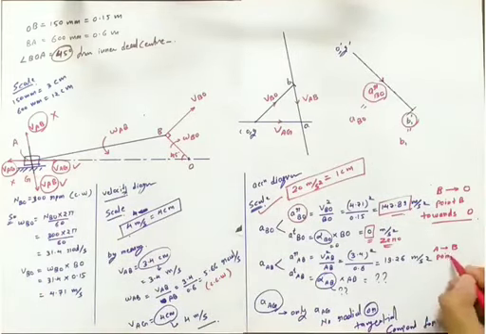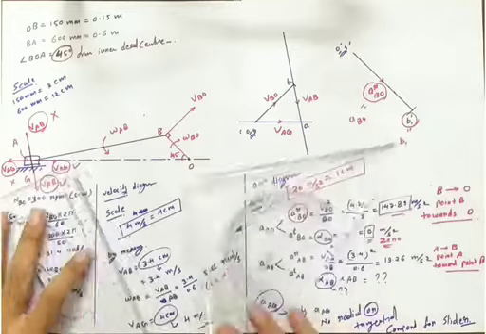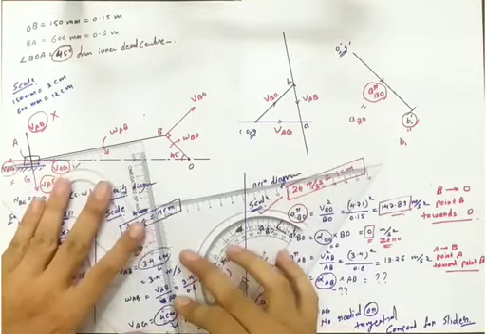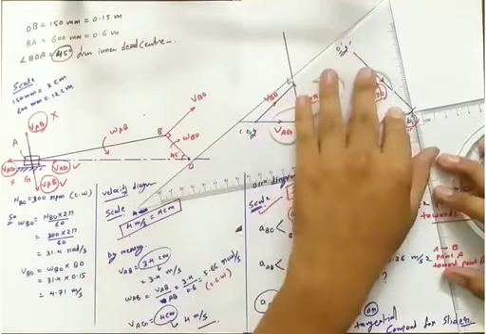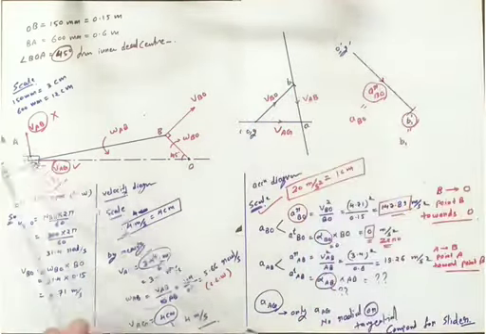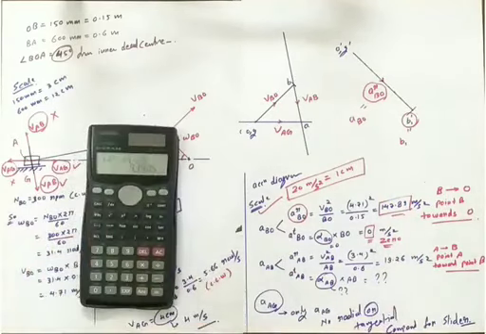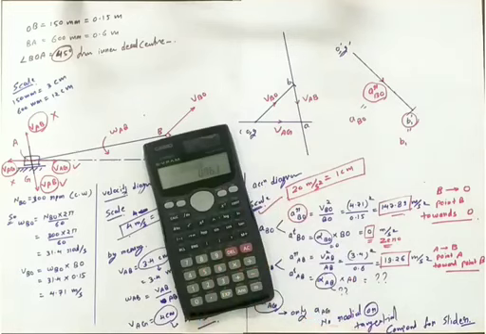Now next is radial component. So again I will say that from A to B, for link AB the center point is B, so A towards B. So again we will go like this from A to B, and this is the radial component. The value is 19.26, so according to scale, that is 0.96 centimeter.